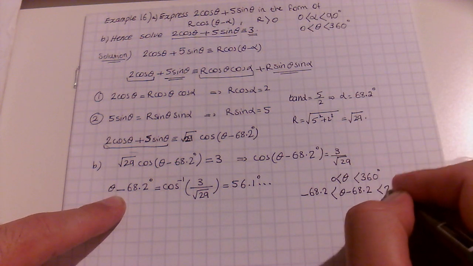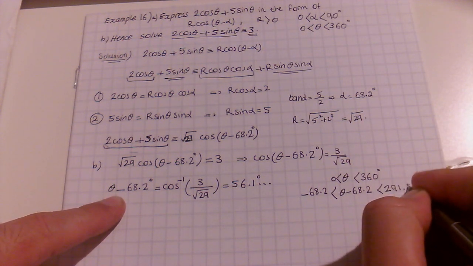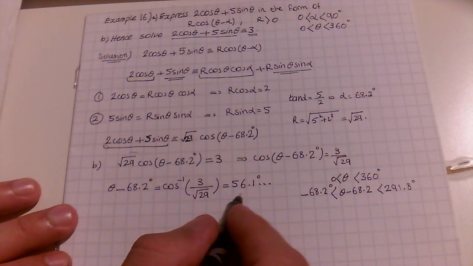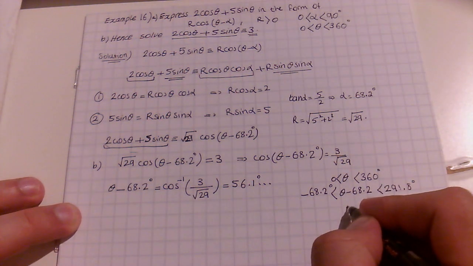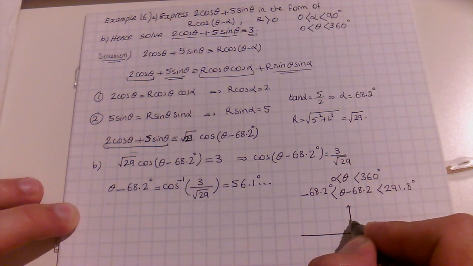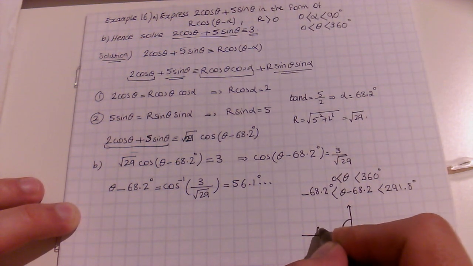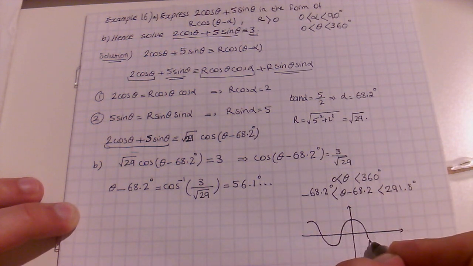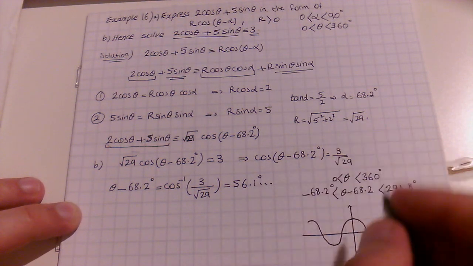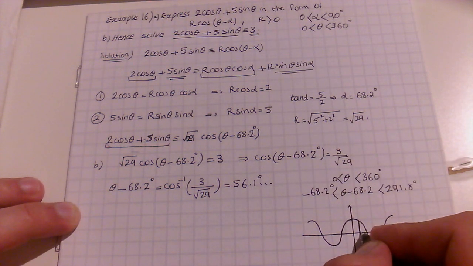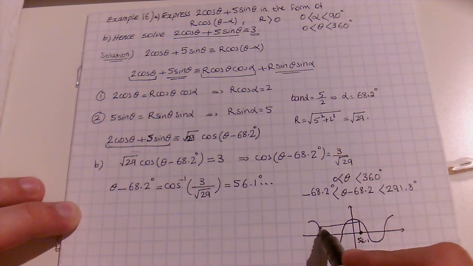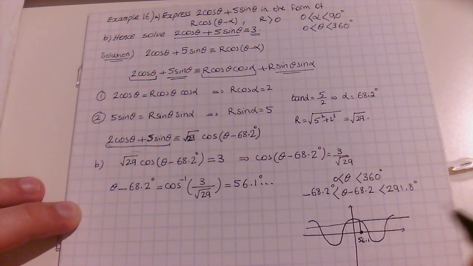Using your calculator, theta minus 68.2 degrees is equal to cos minus 1 of 3 over root 29, which is 56.1 and so on. It continues. Another angle could be found.